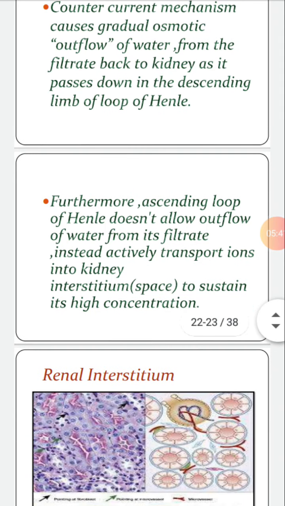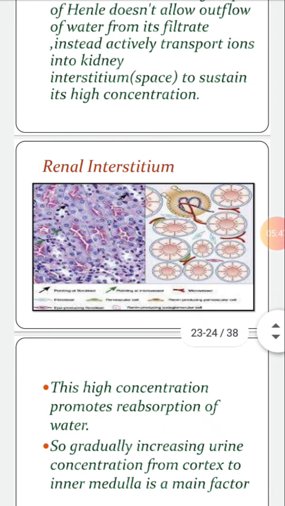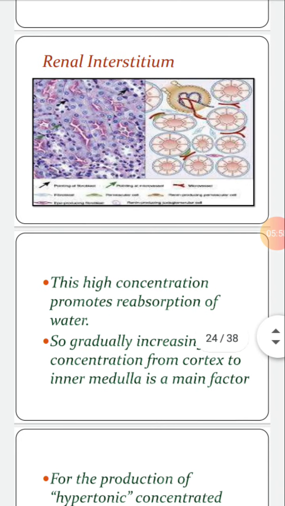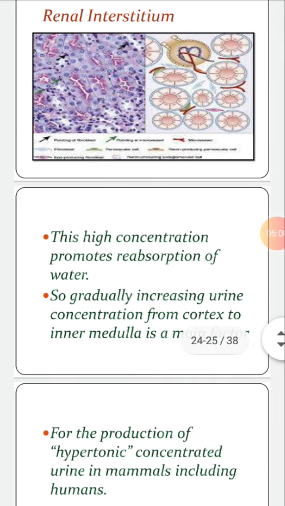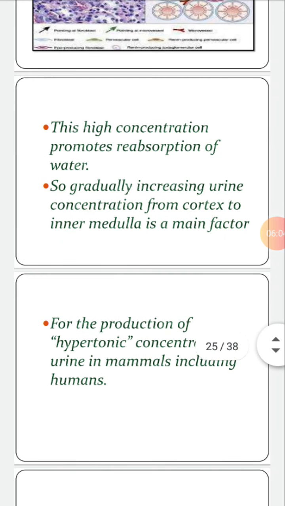Now you can see the image of the renal interstitium space. The high concentration promotes reabsorption of water. So gradually increasing urine concentration from cortex to inner medulla is the main factor for the production of hypertonic or concentrated urine in mammals, including humans.